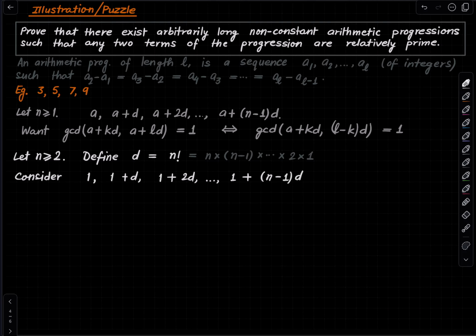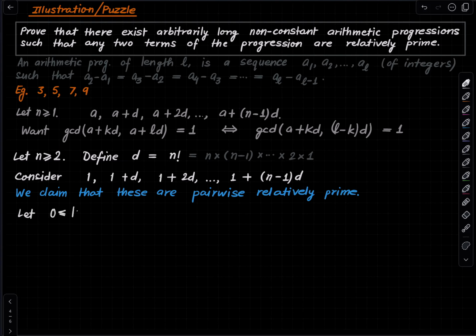These are n numbers and we claim that these are pairwise relatively prime. Right, so why is that? So to do that, let K and L be chosen this way.